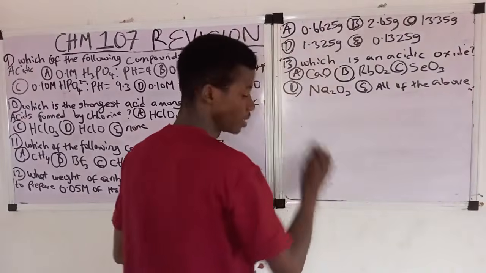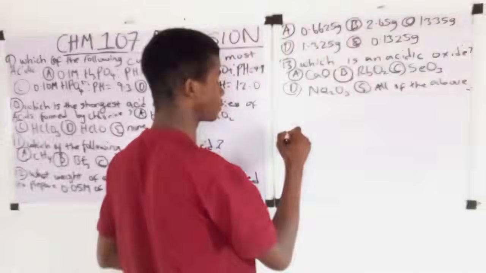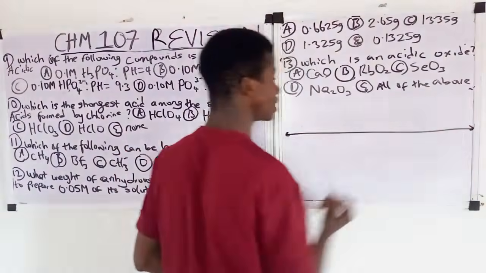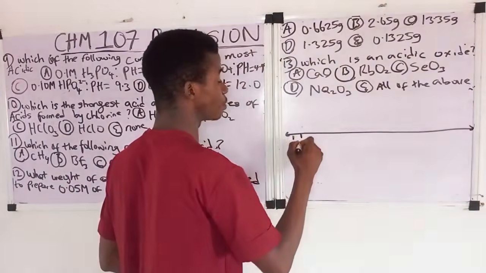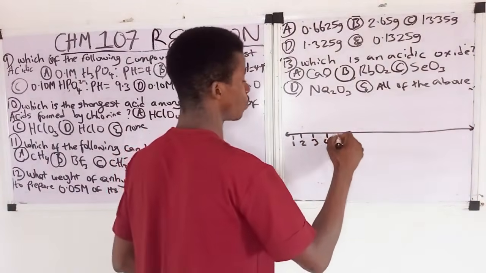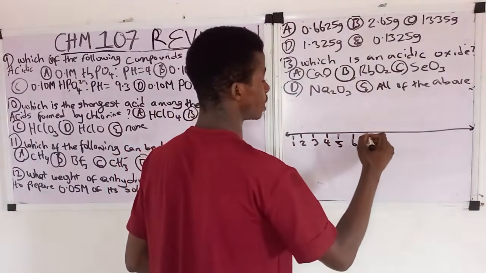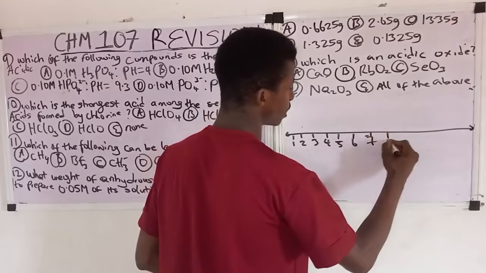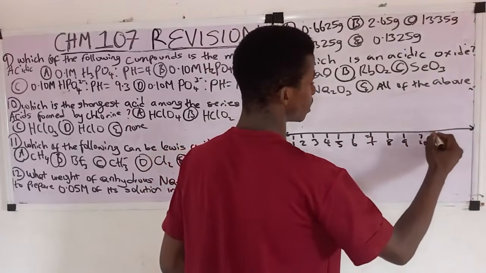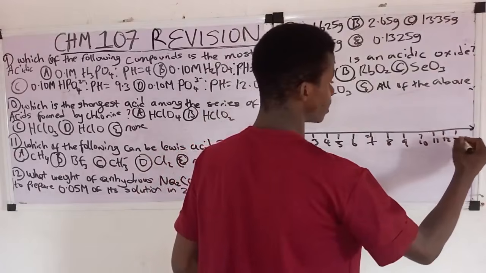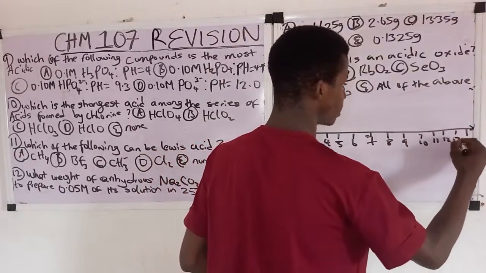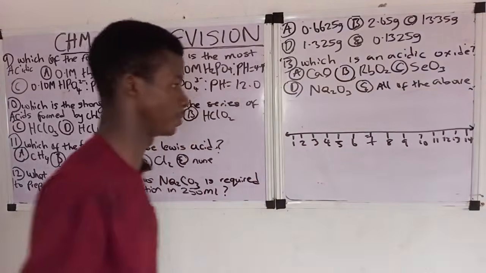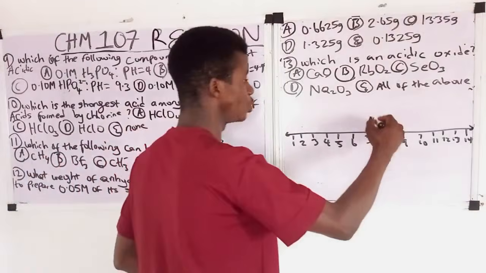Remember I told you that the pH scale starts with 1, 2, 3, 4, 5, 6, 7, 8, 9, 10, 11, 12, 13, 14. 7 is usually neutral.